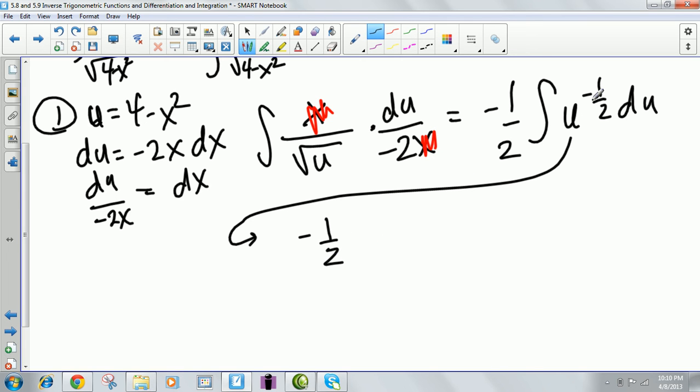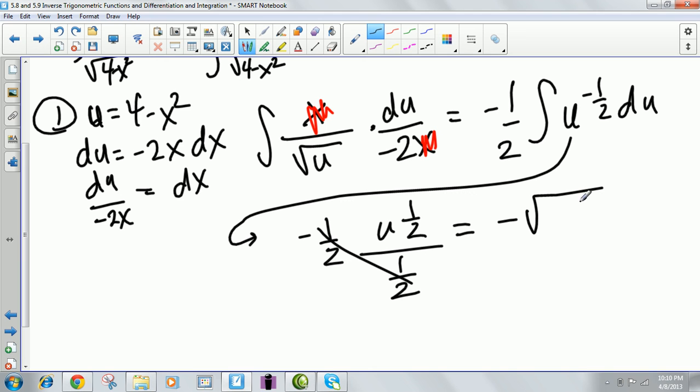And then when we substitute those in, you'd have x over square root of u. Remember, your u is hardly ever the square root itself. Okay, very rare will that be the case. Times du over negative 2x. And those x's will cancel.